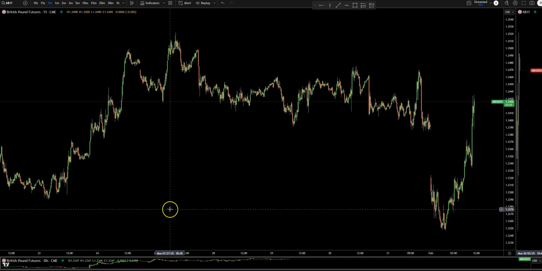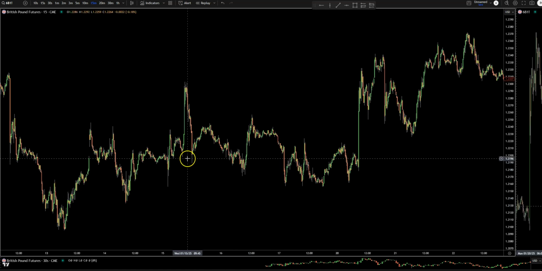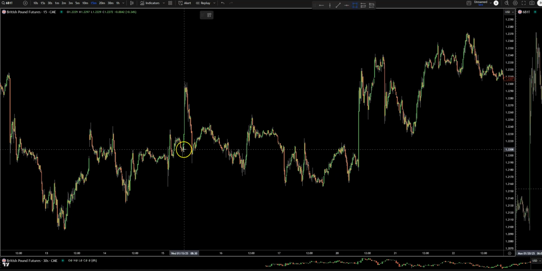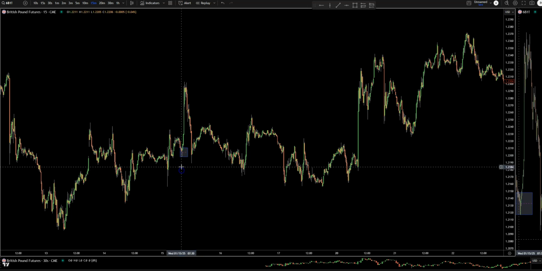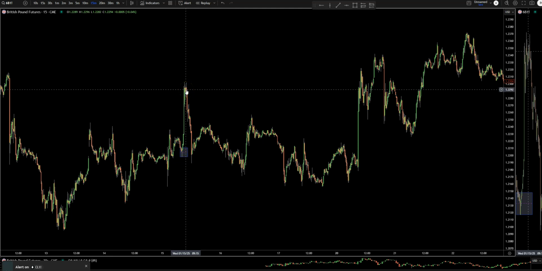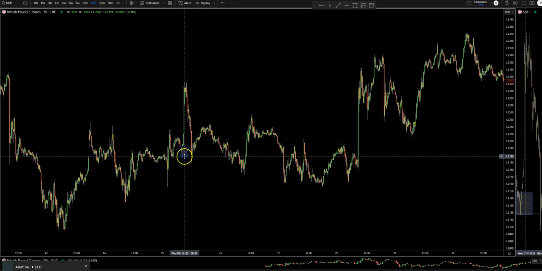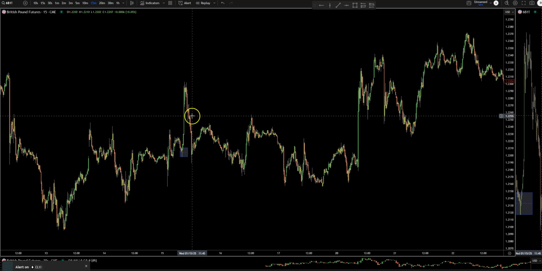What happens to cause that is somebody put in orders in this area right here, right? Because this is the area where price was kind of moving down and then exploded up. Okay, so somebody put in a bunch of orders right here. Now these candles that show imbalance, these large bullish candles.